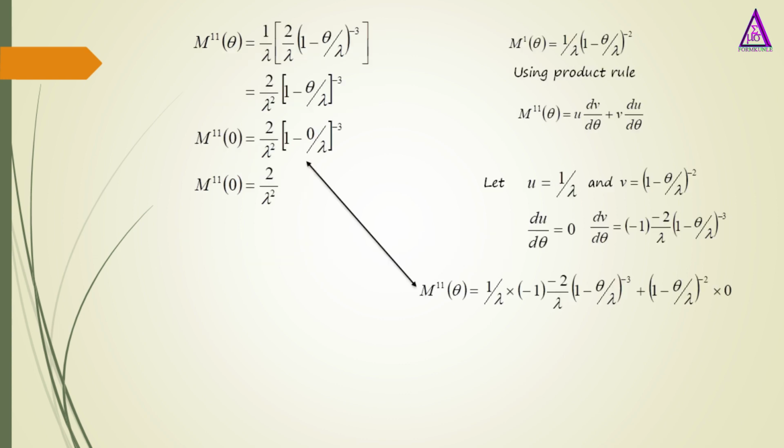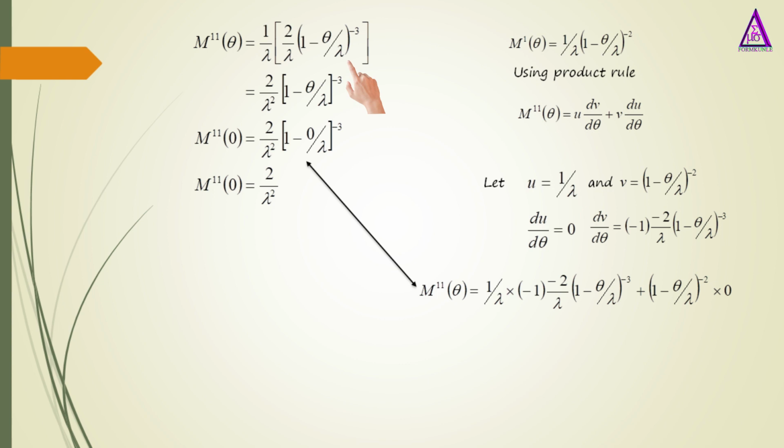So we want to obtain the variance of the exponential distribution using the moment generating function, based on the previous explanation, using the product rule. We have this.